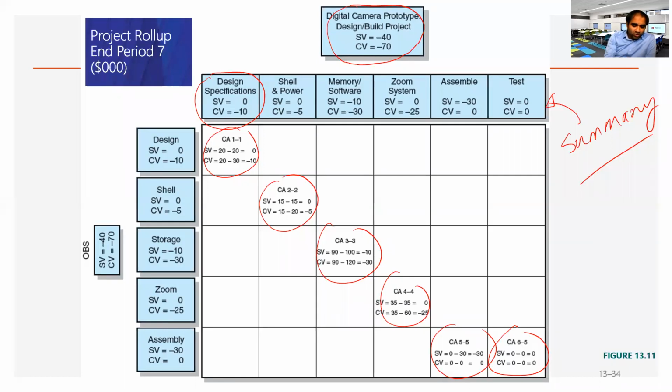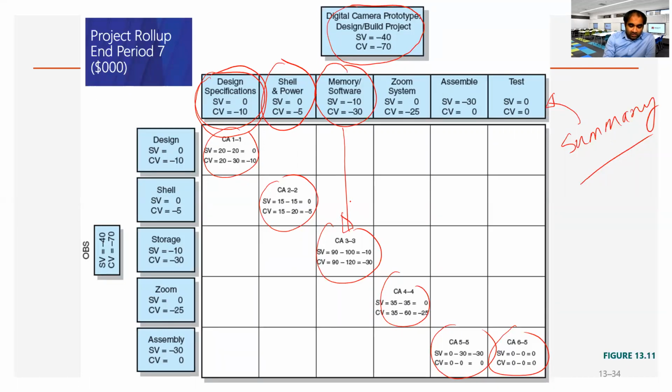So we can see that design and specification are performing pretty well, with schedule variance 0 and cost variance -10. The power and shell team are also progressing well, with a cost variance of -5. Memory and software team, all right, you are the culprit here.